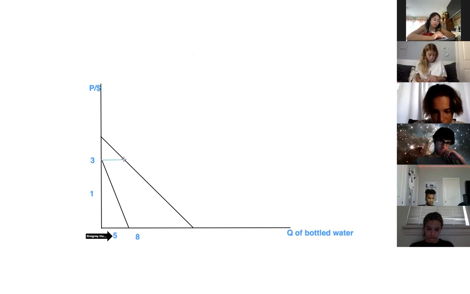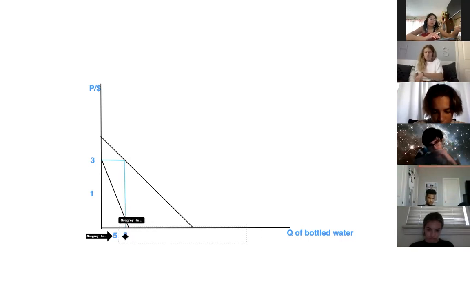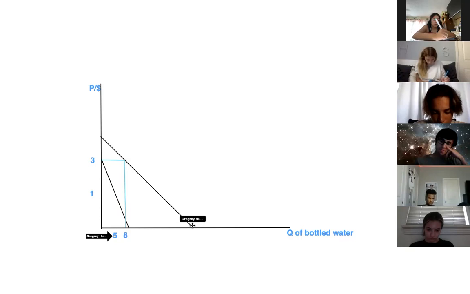Okay. So that blue line is just supposed to indicate points, not be a solid line for the purposes of the graph. Let me try to line this up here. Okay. So all I'm trying to show you guys is that 3 corresponds to a quantity of 8 for Anthony Sandoval. And then Anthony Sandoval's maximum quantity, let's say, is at a price of 5.